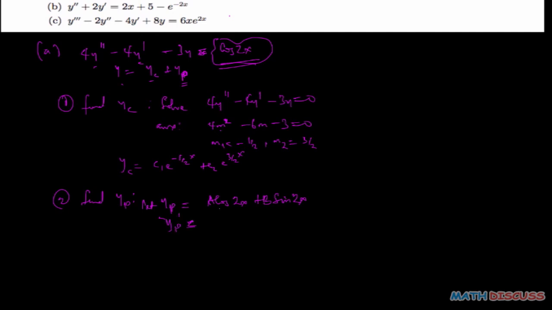When we differentiate this, we have minus 2a sine of 2x, and when we differentiate this, we have 2b cosine of 2x. The second derivative of yp is minus 4a cosine of 2x minus 4b sine of 2x.